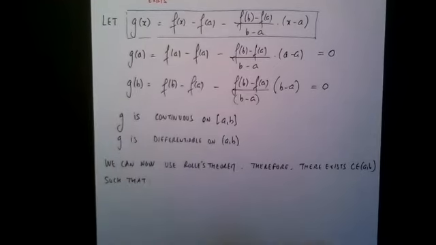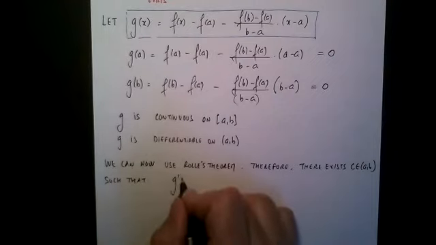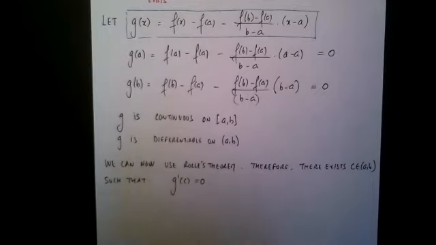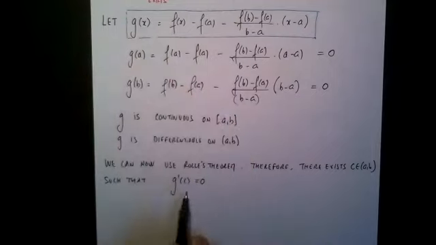Can you tell me? f prime of c is 0. No, we're talking about g here. So g prime of c is equal to 0. All good? So guaranteed now, with this function, g prime of c is 0. Questions?